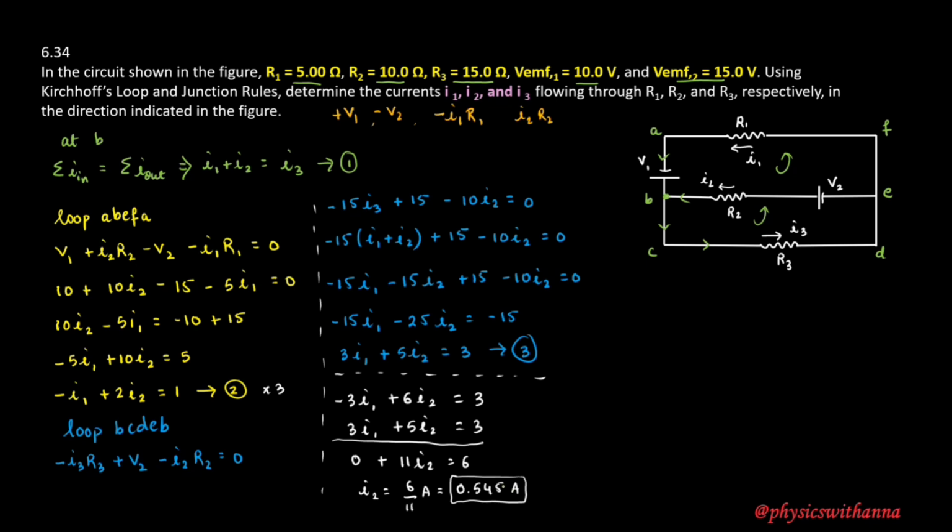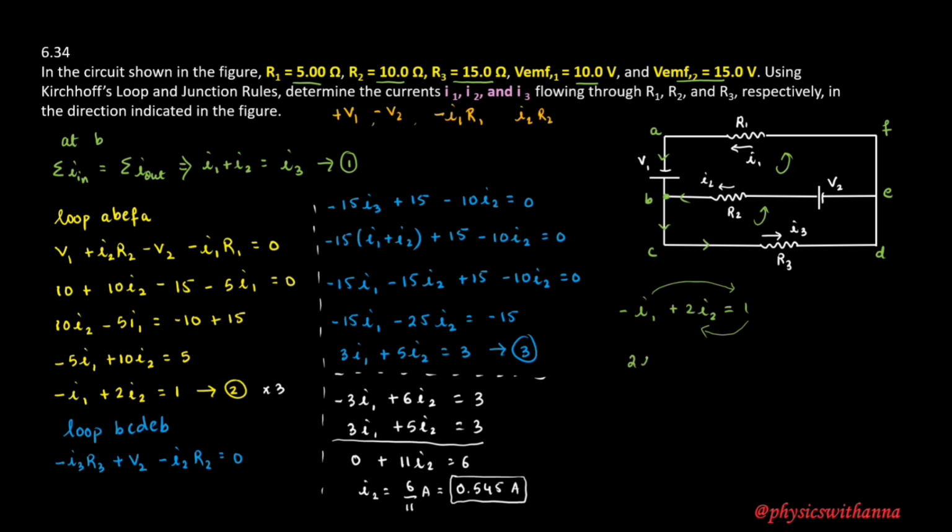Then we can substitute this value of I2 in either equation 2 or 3 to get I1. I'm going to substitute this in equation 2. So equation 2 says negative I1 plus 2 I2 equals 1. So I'm going to move I1 over here and bring this positive 1 to the other side.